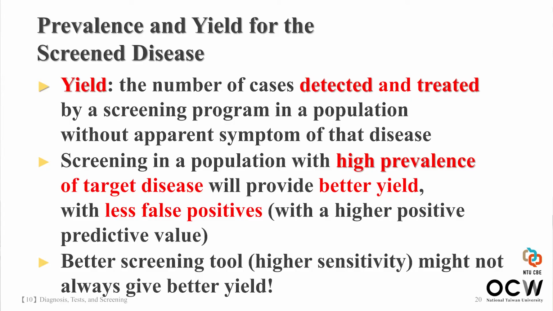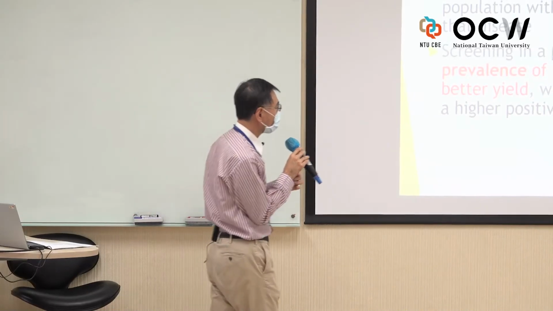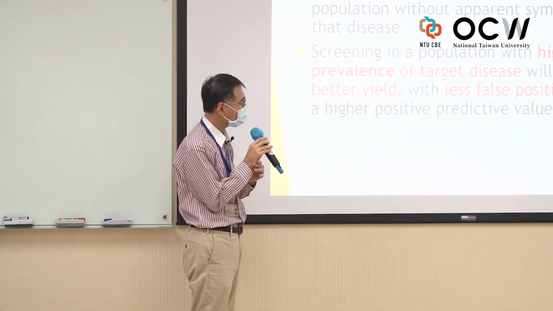Screening a population with a high prevalence of the target disease will definitely get a better yield, right? We'll identify more people with the disease, with fewer false positives, because of a higher positive predictive value.